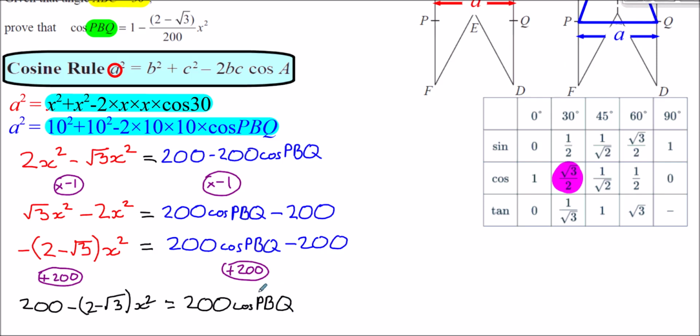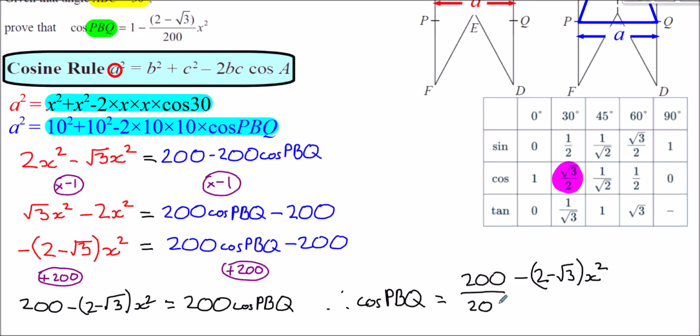So now I can just divide everything by 200. So therefore I can say cos of PBQ equals 200 minus 2 minus root 3, in brackets still, 2 minus root 3 x squared, and all of this is going to be divided by 200. So I'm going to divide this by 200 first, and then I'll divide this by 200 after.